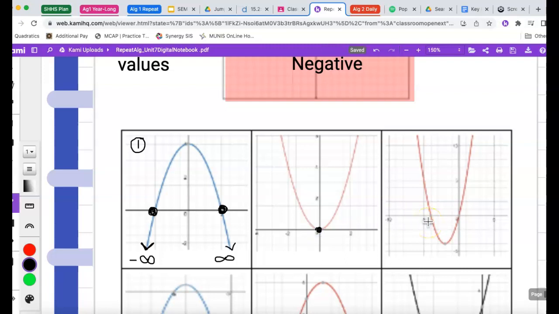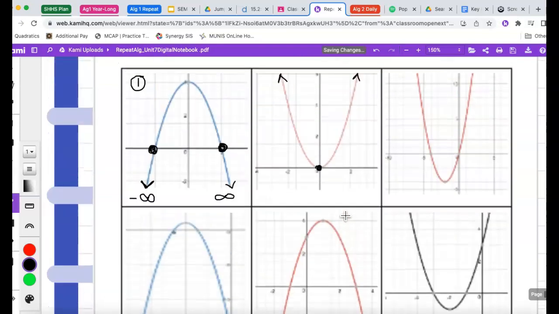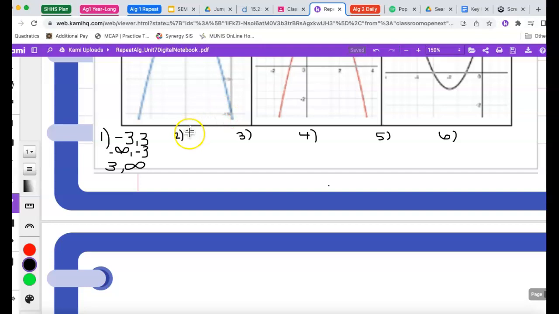Now, it is only above the x-axis. It's always above the x-axis. So from our left arrow to our right arrow, it's always going to be positive. If it's always positive, that's from negative infinity to positive infinity. That's how we're going to write our positive interval for number 2.